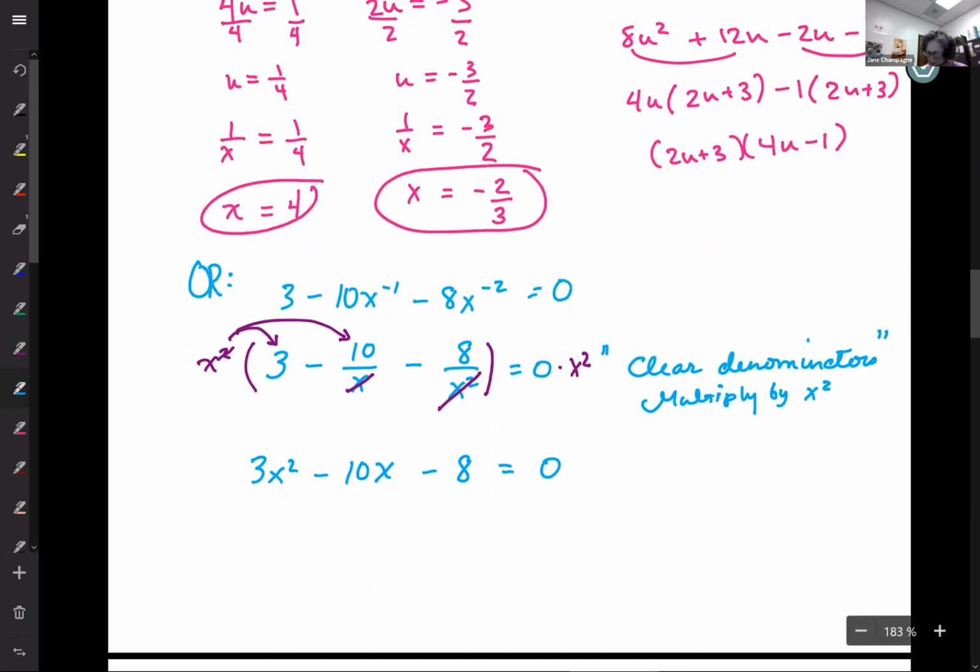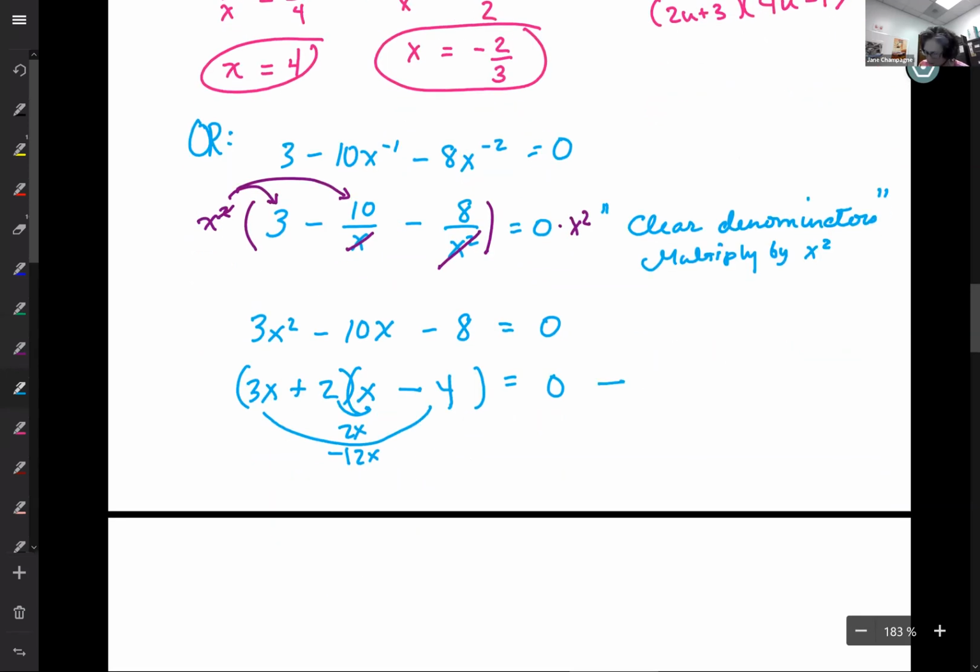So then, if you factor this, 3x and x, plus and minus, 4 and 2, or use the AC method. This doesn't work, so you switch around the 4 and 2. 2 and 4. So that's -12x. Yep, that works, because you want a minus 10x.